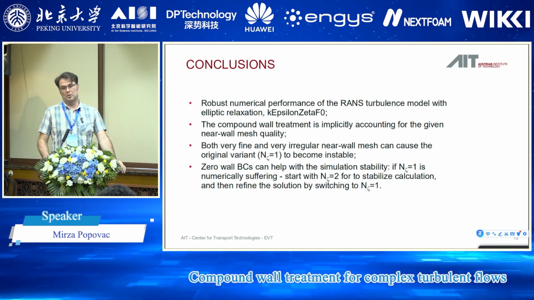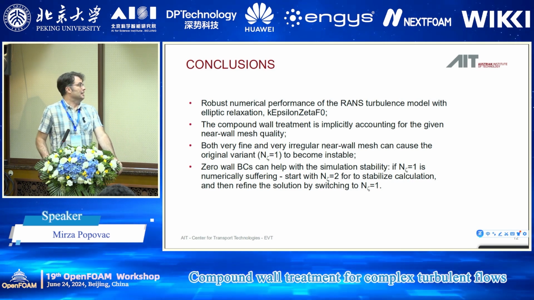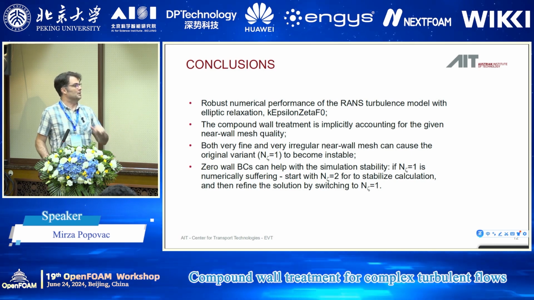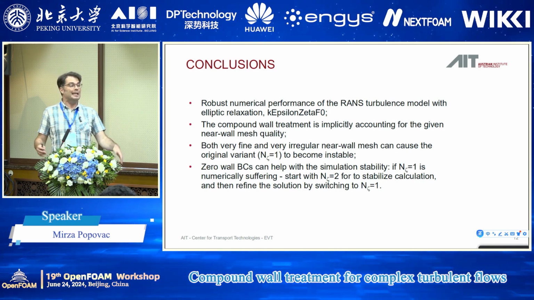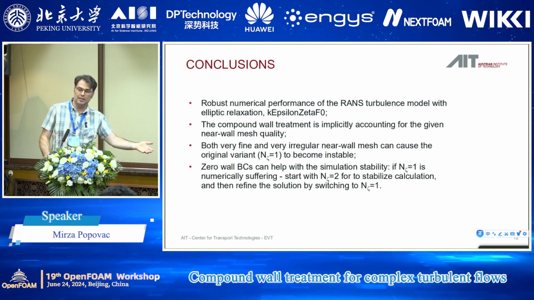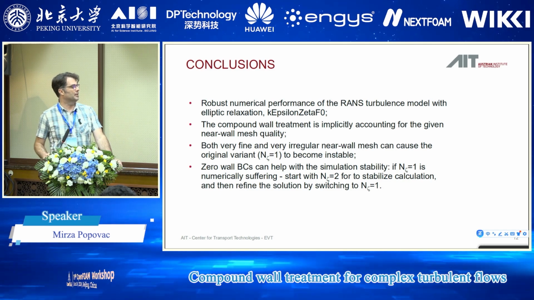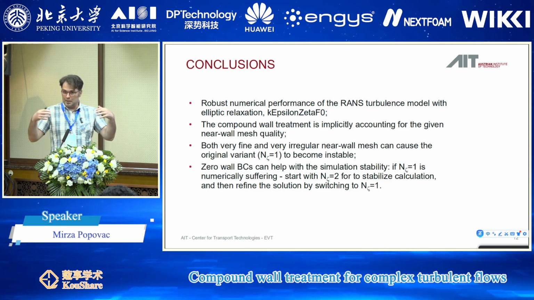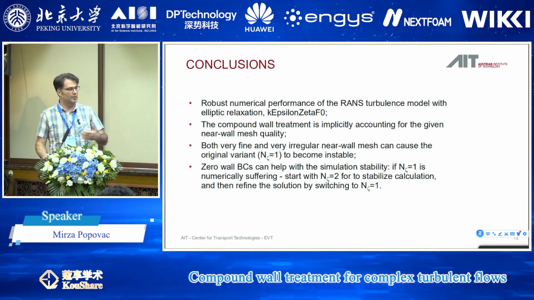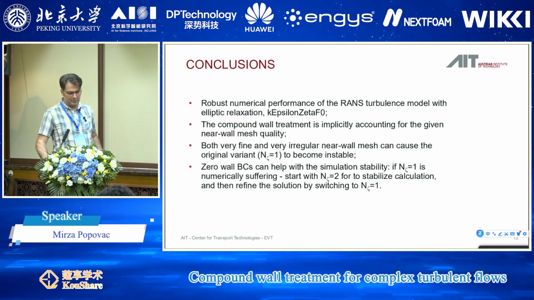And one needs to appropriately model the near wall region. In that respect, I'm putting forward a compound wall treatment, which implicitly combines either integration to the wall or far away standard wall function in a manner which doesn't explicitly depend on any parameter like y plus or some thickness or something like that.